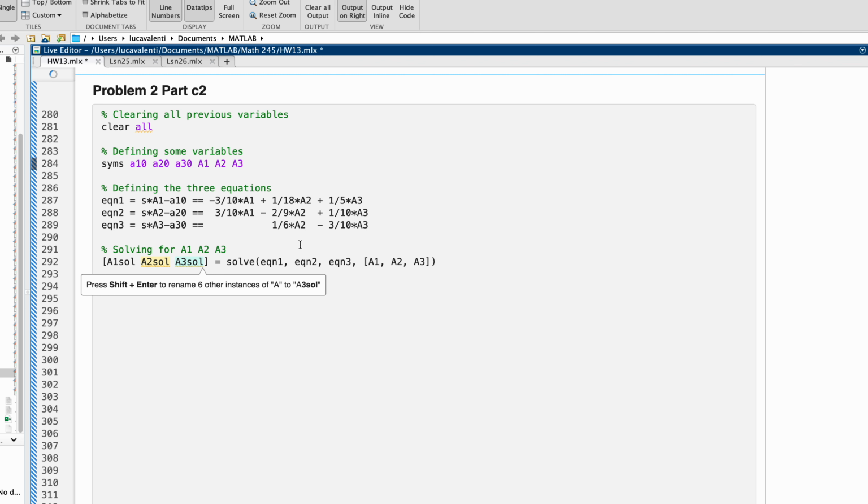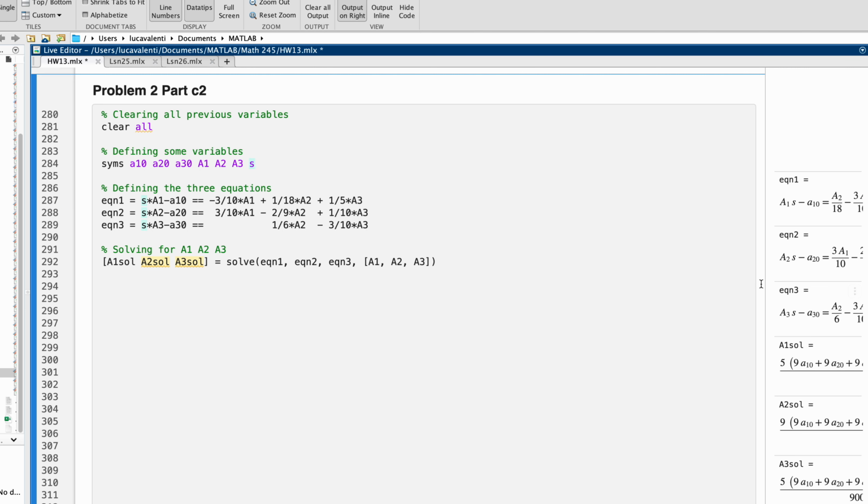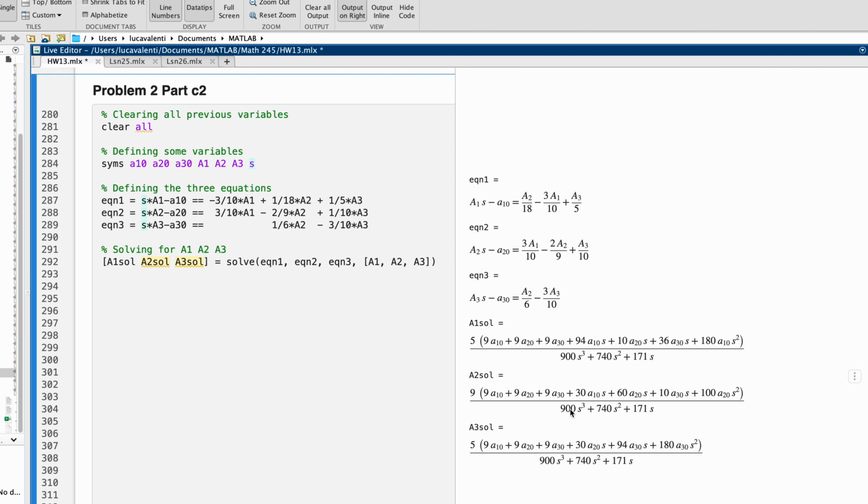Let's press Control Enter. We want to define S. It's going to be a long answer. So press Control Enter. This is what we get here, right?